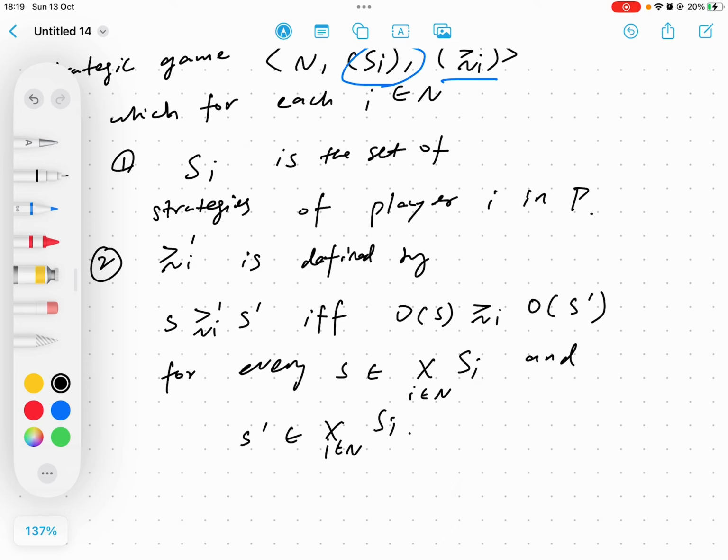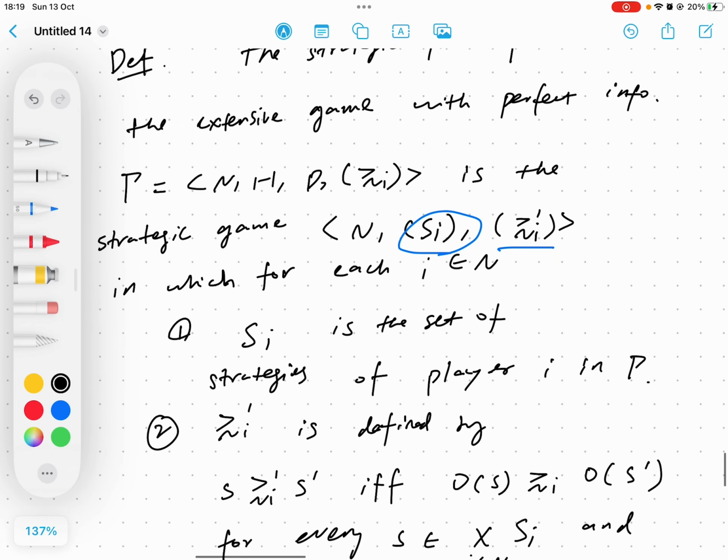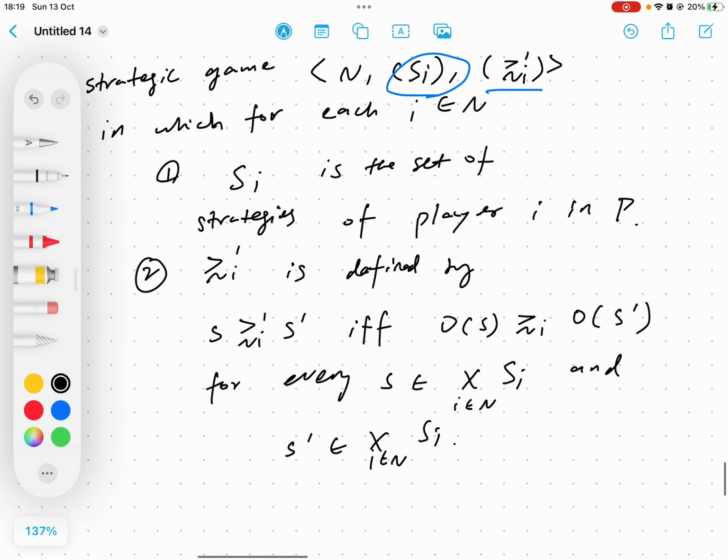Okay, so that completes the transformation of the dynamic or extensive game into a strategic static game, right? And that's quite useful. We could use that later to show some interesting properties.